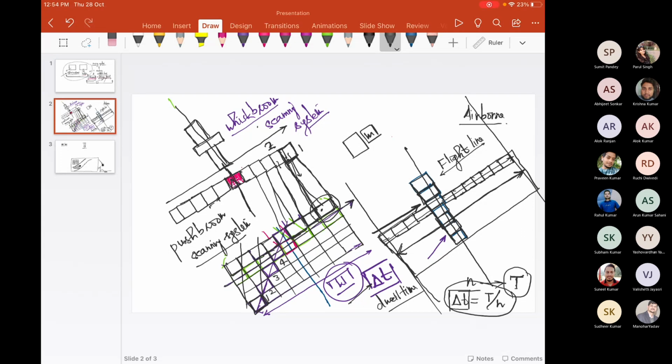If the total time taken by the entire sensing system, the first two parts, to sense the GRCs across the flight line is t, then the dwell time, that is the time taken by the sensing system to sense the energy coming from one GRC, is t divided by n. N is how many GRCs we have across the flight line.